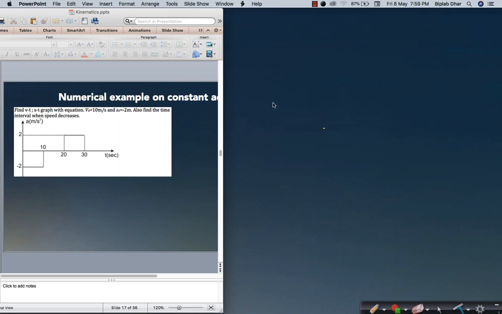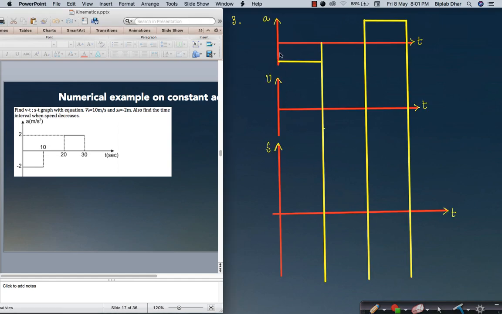Let us first plot the AT graph that is given in my question. It is question number 3. As you can see, I have drawn the AT graph, below that I have taken my VT coordinates, and just below that my ST or position-time coordinates. To keep the time frame equal, I have drawn these vertical yellow lines.